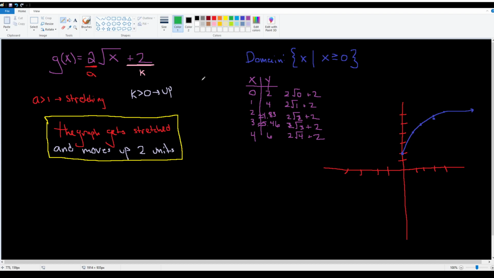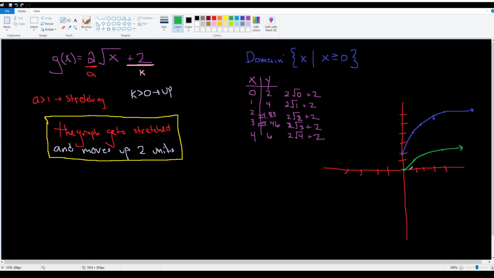Now, if we look at that parent function that we had before, the one that looked like this, and take a look at the differences, we said the graph gets stretched. As we see, it's definitely a little bit more stretched out than our parent function, with a bit more stretch in the upward direction.